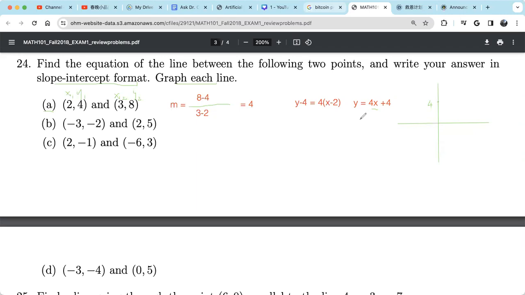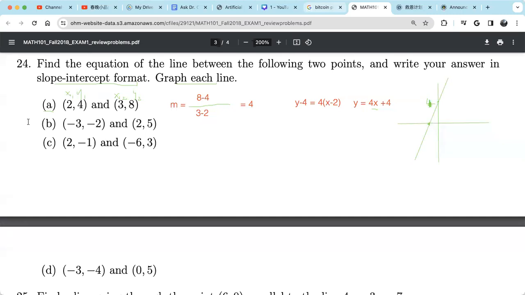And x equals, oh, hold on, that's not 4. Oh, it is 4 for y. But for x it's -1. So -1 is here, right? If y equals 0, x equals -1. So I have these 2 points, I can graph my line. My line goes through this point and this point. And that's it. That's the graph of y equals 4x plus 4.